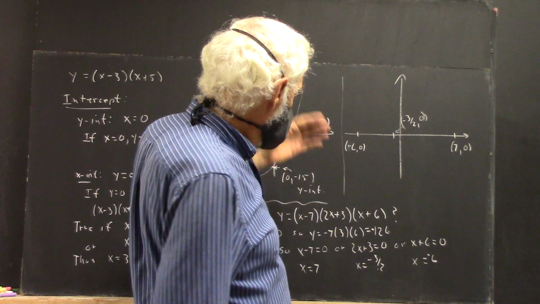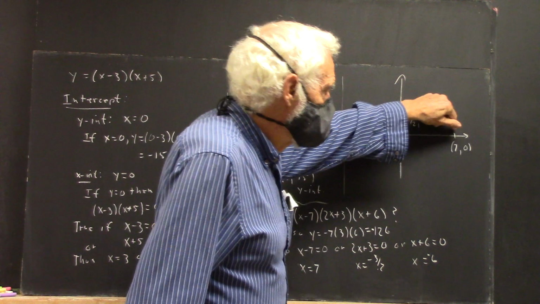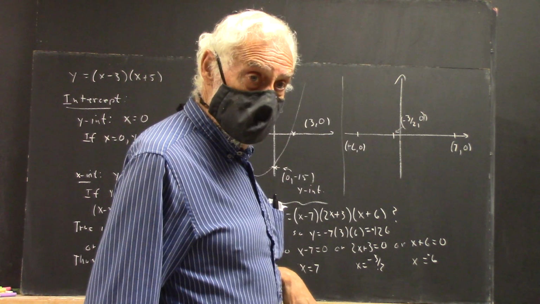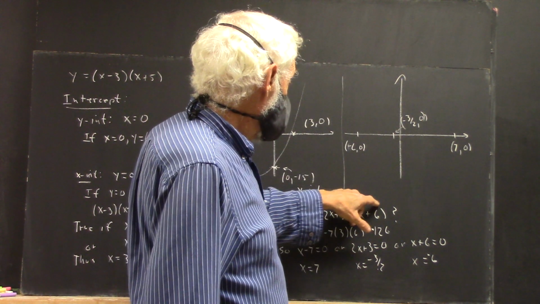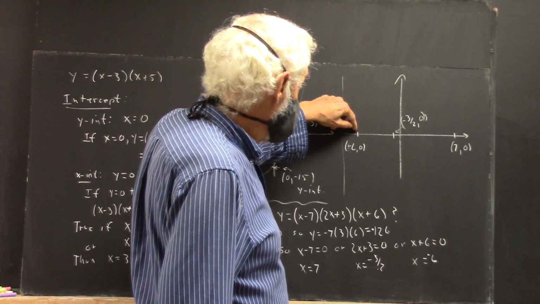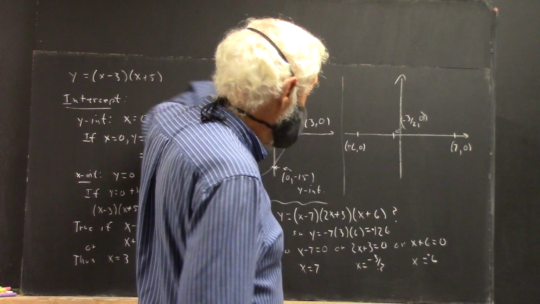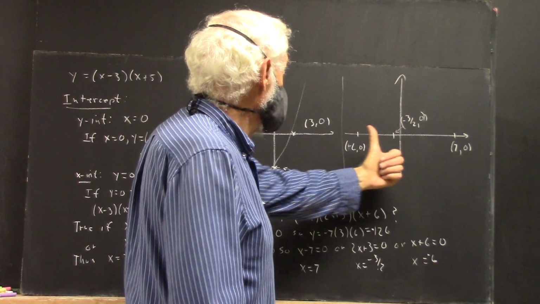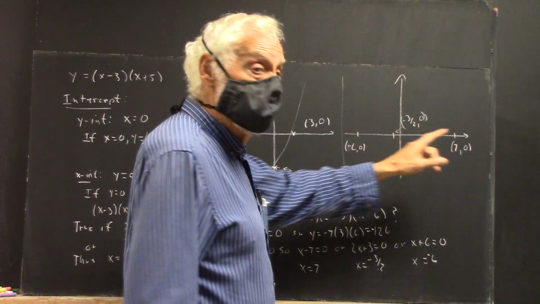X minus 7 is positive to the right of 7, 0, and negative to the left. And x plus 6, positive on this side, negative on this side. So if you're anywhere on this side, all three of these are negative.